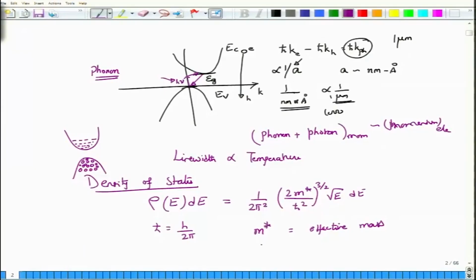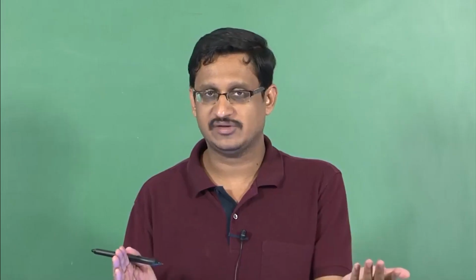If it is an electron, we write this as m star E, and for the holes m star H, and it turns out that the electron effective mass is far less compared to the hole effective mass. The effective mass means that if you take a free electron outside of a material, it has a certain mass, which is roughly 9.31 into 10 to the power minus 31 kilograms. That is the mass of an electron when it is free and outside of any material.